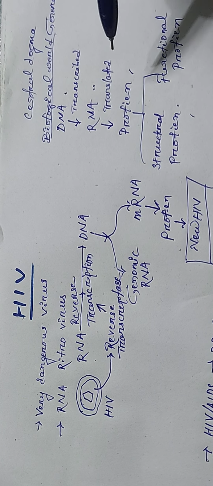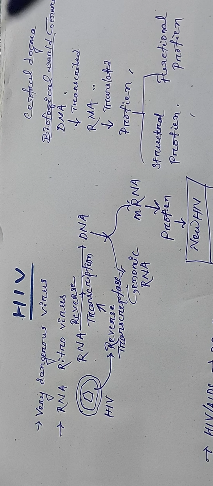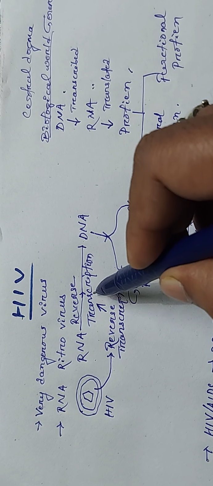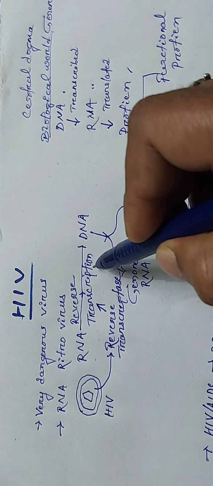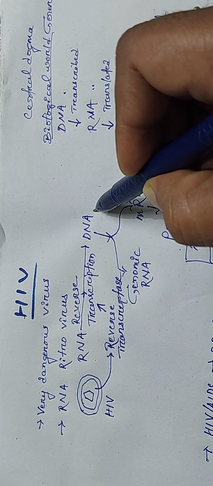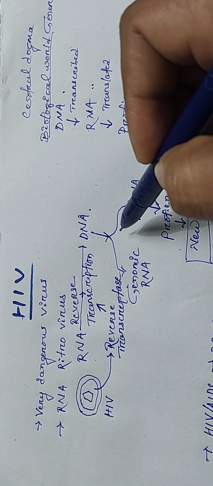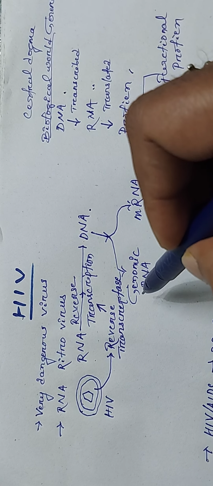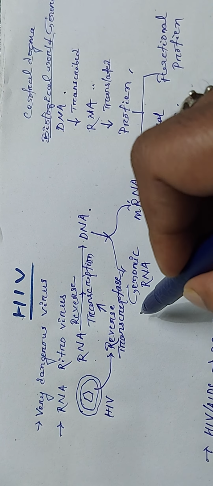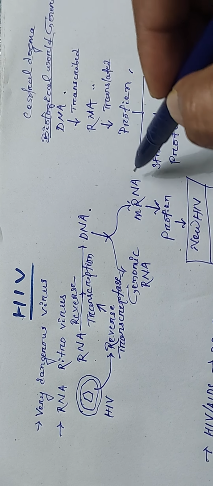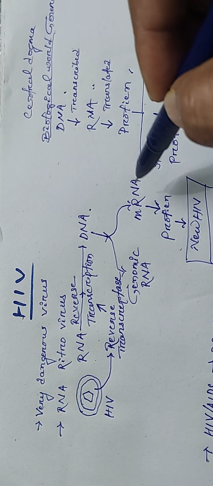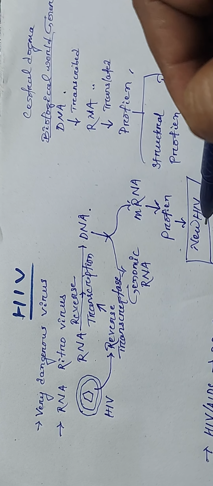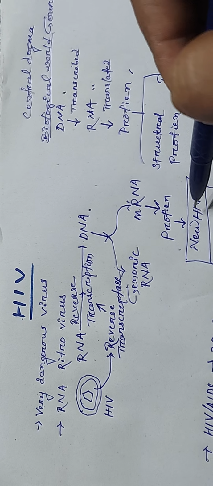But in the case of the HIV virus, RNA undergoes reverse transcription and forms DNA. Again, DNA forms two types of genetic material, that is genomic RNA and mRNA. mRNA undergoes protein synthesis for new HIV viruses.